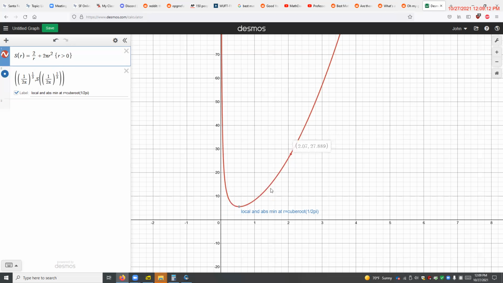So here's the function S. This is the surface area of that can as a function of its radius under the assumption that the volume is 1 liter. And what we found is that the minimum for that surface area, the absolute minimum for that surface area, occurs when R is the cube root of 1 over 2 pi.